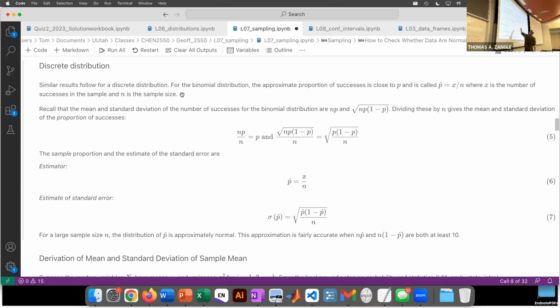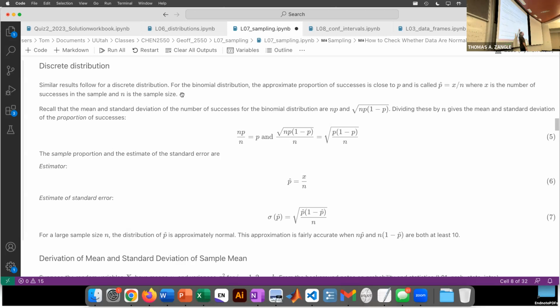We know that for the binomial distribution, the mean was NP, and the standard deviation was given by the square root of NP times 1 minus P. So we're trying to say, if we make a sample of events, what is the average value that we expect to see within that sample?